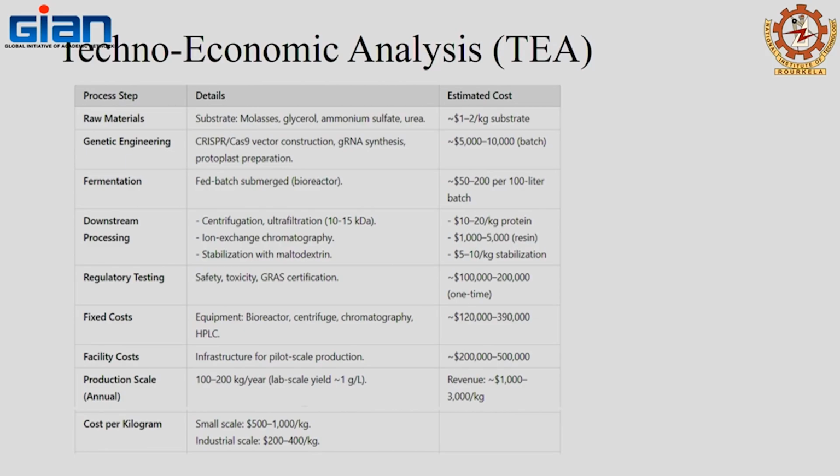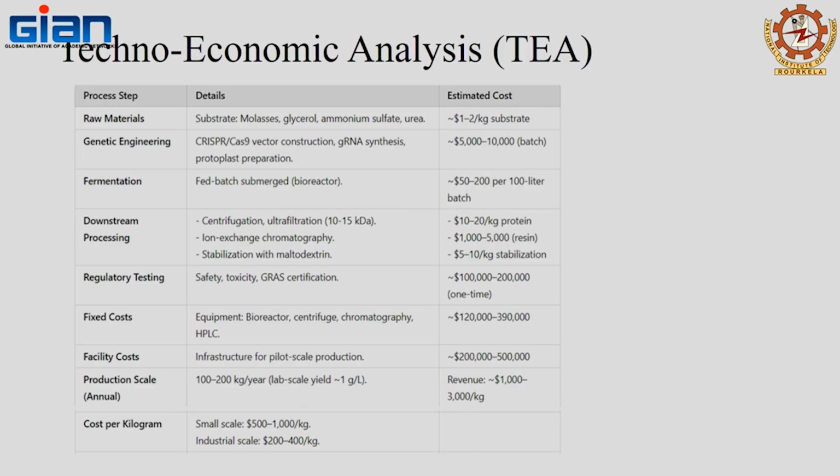So okay, the cost evaluation. For substrate, it is almost even as we are using molasses, so the cost can be reduced up to a level. The next one is, there are a lot of initial investments.